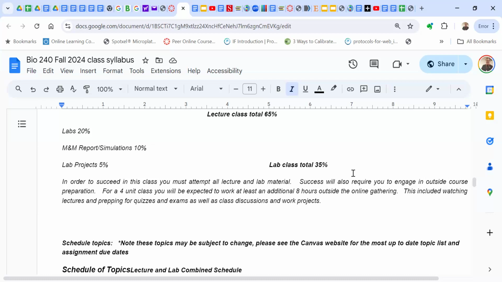Again, consider the Carnegie units. This is a 4-unit class. You're expected to work at least an additional 8 hours outside of the class, reading and looking at materials. And this isn't just a synchronous class. For every hour that you're watching me talk on here, you should be doing 2 or 3 hours of other work.